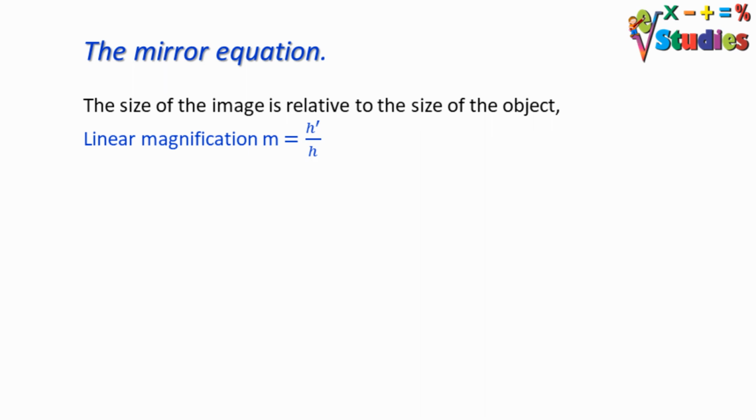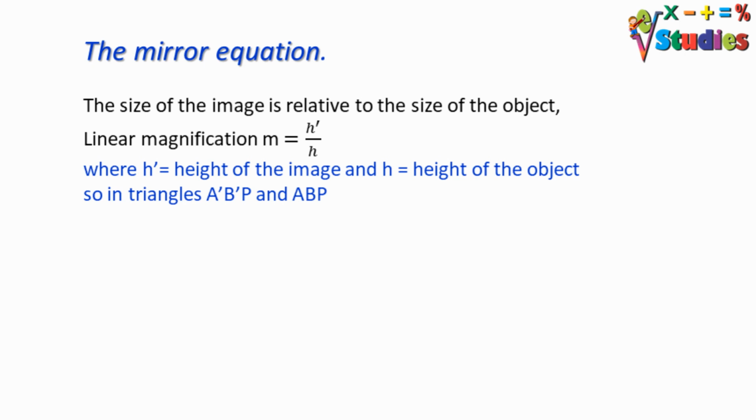So m is equal to h dash divided by h, which gives the ratio of the heights. Note here h dash is the height of the image, and h is the height of the object. Remember students, you have to take height as either negative or positive, following the rules of the Cartesian sign convention.